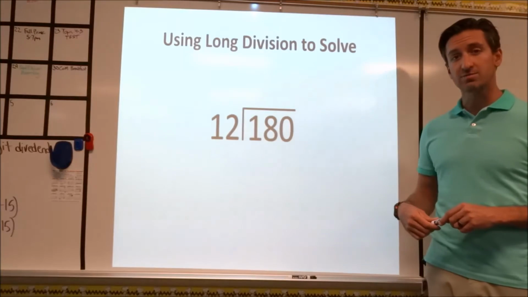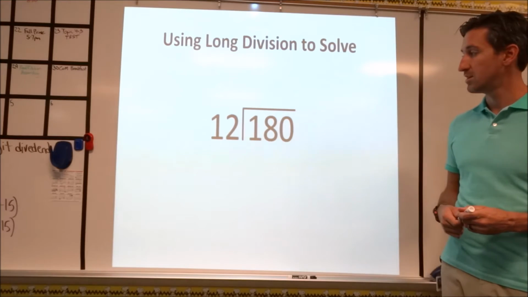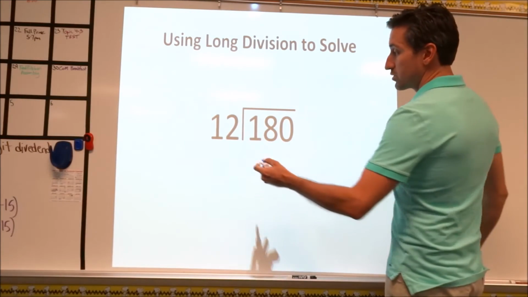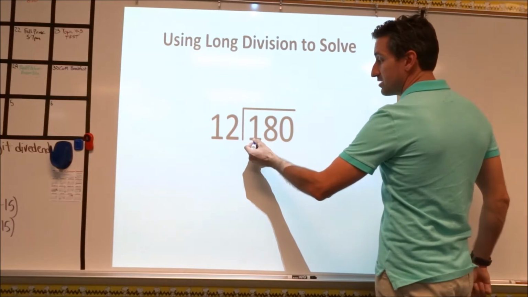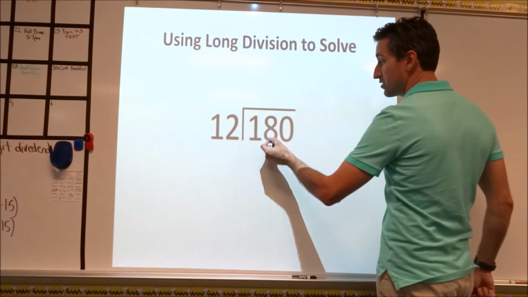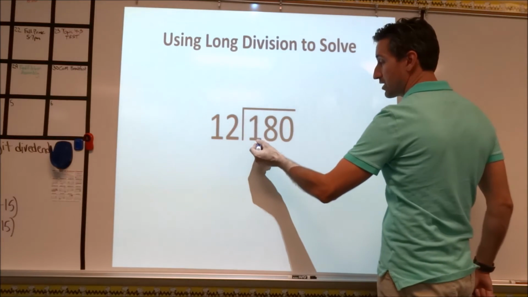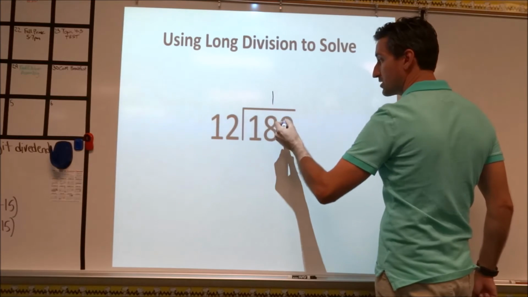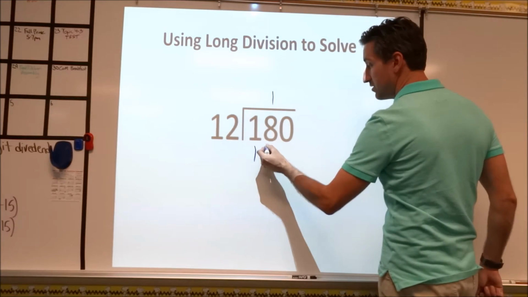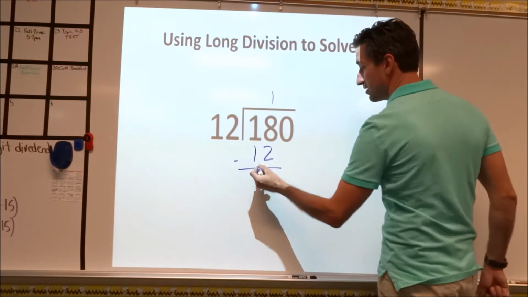We can also solve this problem with long division. 12 will go into 1 0 times, so I have to go to my tens place. 12 will go into 18 1 time. 1 times 12 is 12.